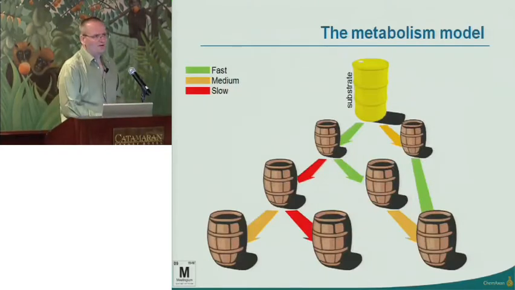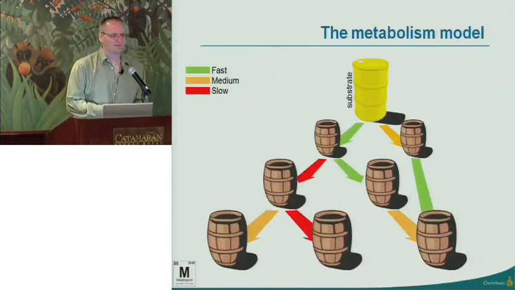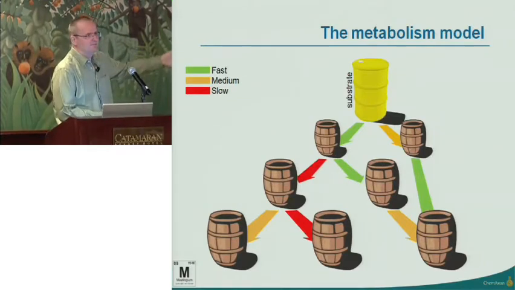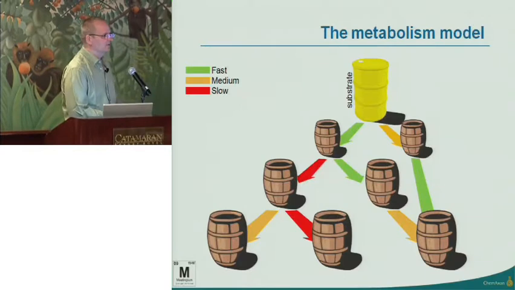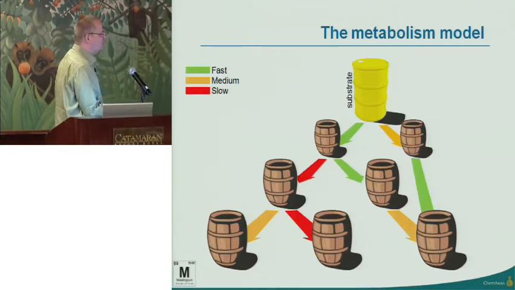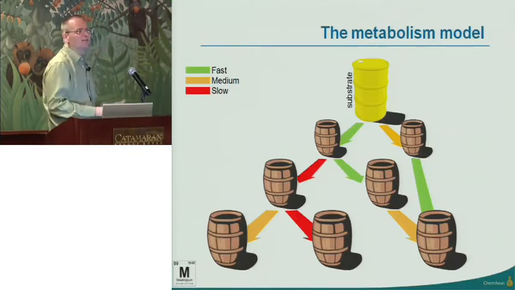Here is our very raw metabolism model. It's a hill with some barrels, and on the top we have lots of water in the top barrel, and the different metabolic biotransformations produce metabolites and consume some. So what is a major metabolite?